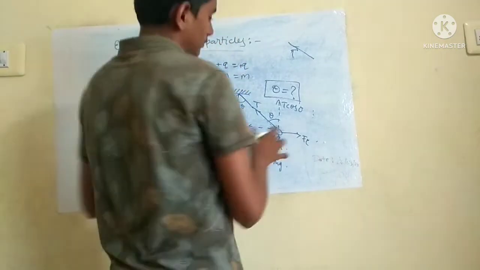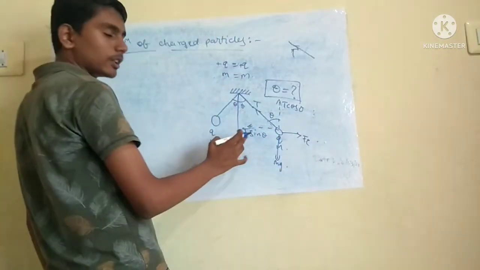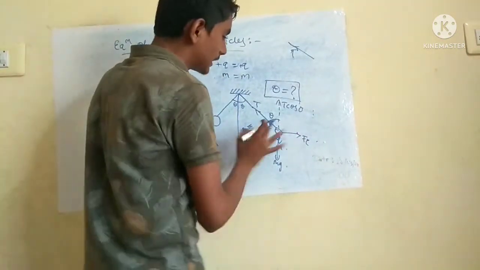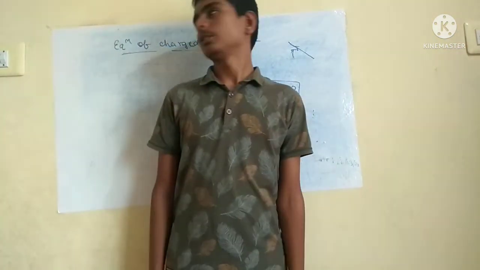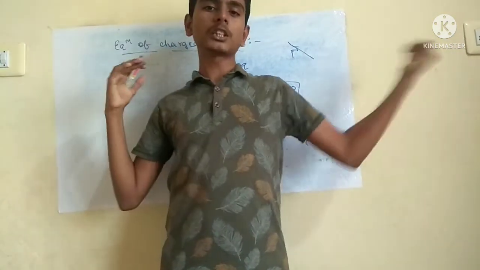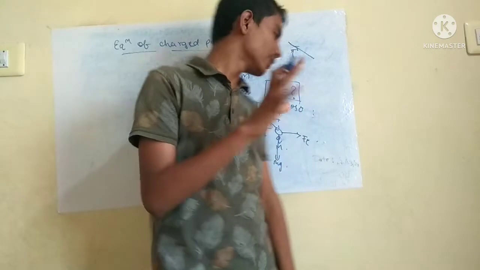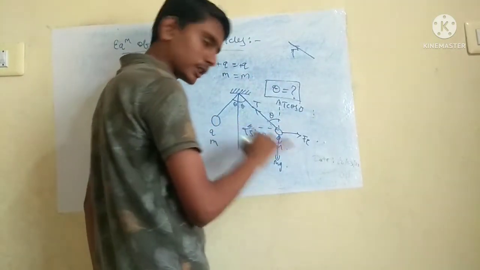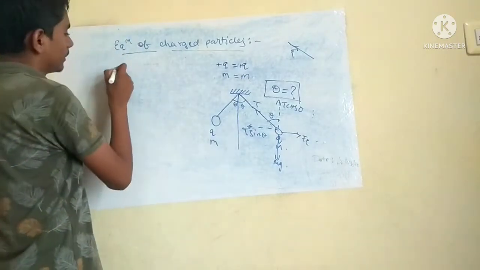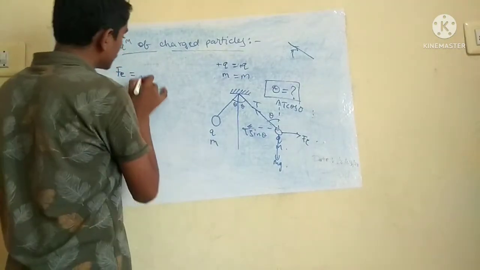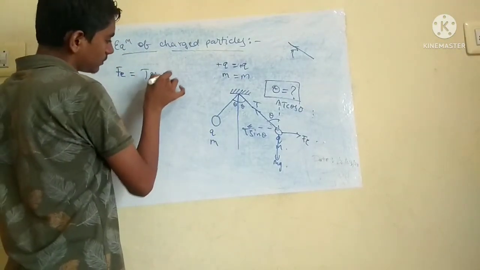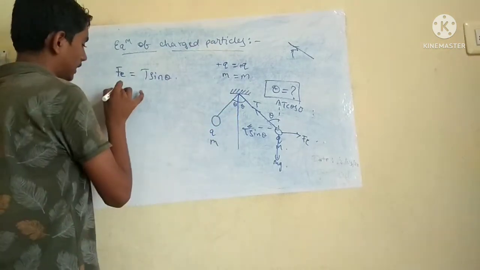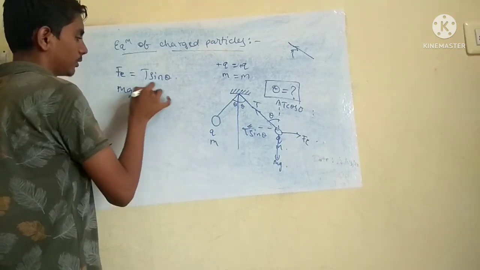To be at rest, this electrostatic force should be equal to this T sin theta, because if I am at rest, force from all sides will be equal. Force from this side should be equal to force from that opposite side. Now Fe, electrostatic force, should be equal to T sin theta. This gravitational force should be equal to T cos theta.